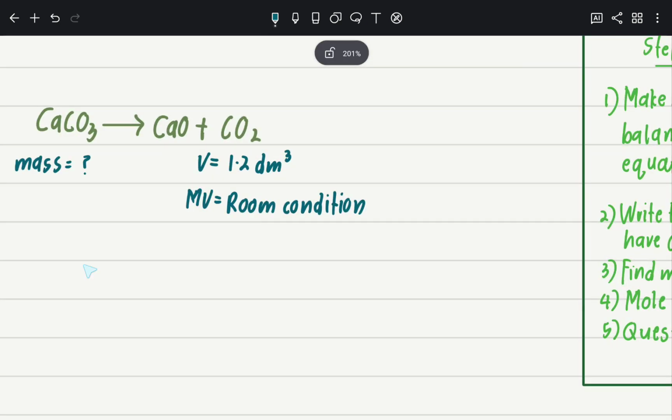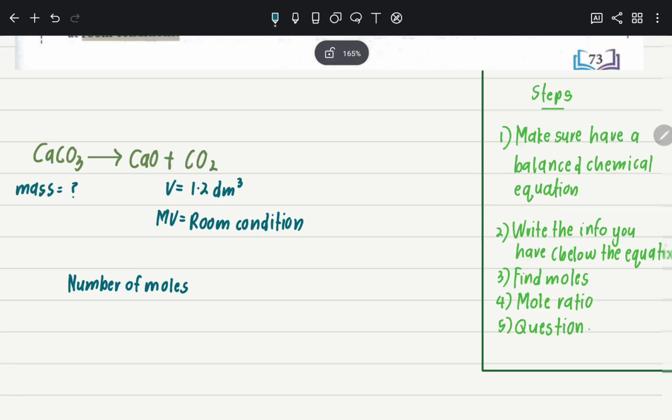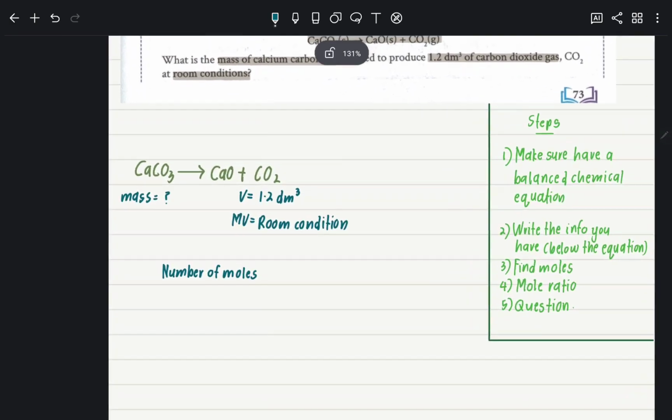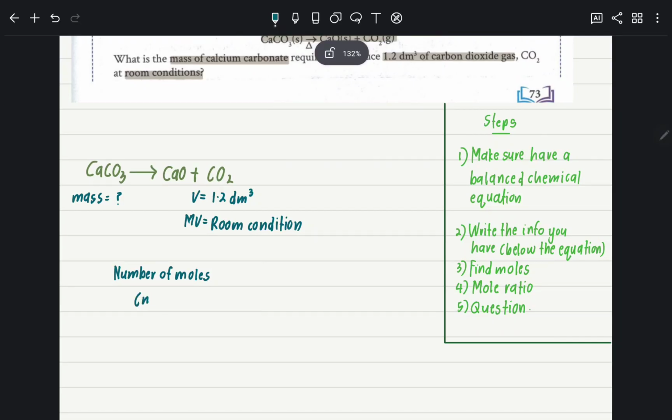So what is the formula? The formula states number of moles, and the unit is mole, equal to 1.2 decimeter cube over my molar volume.